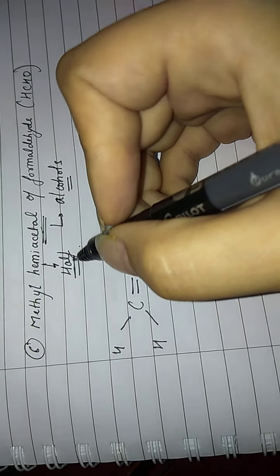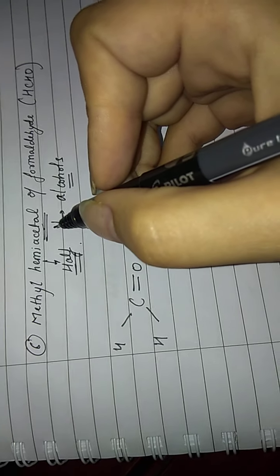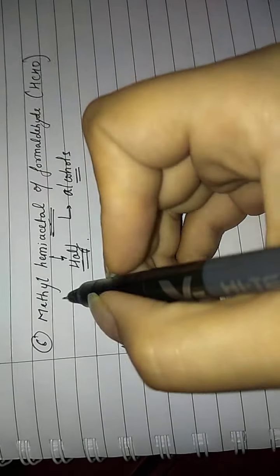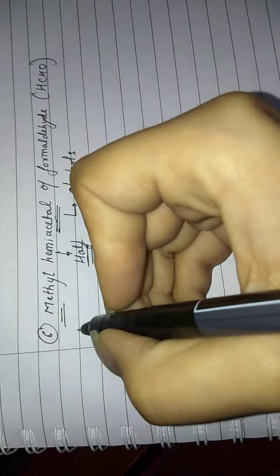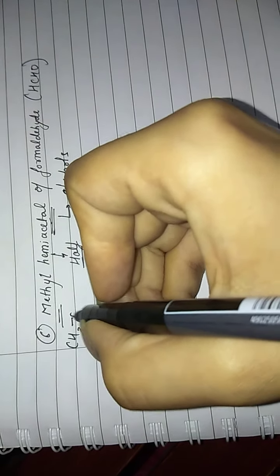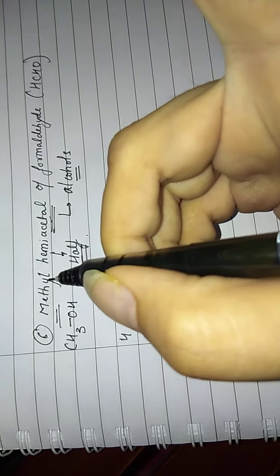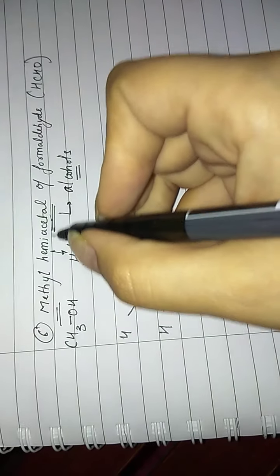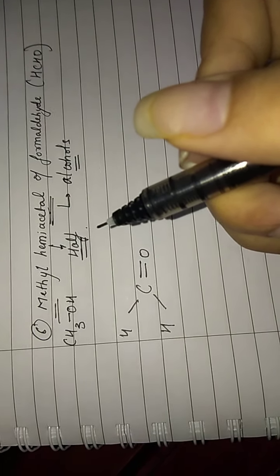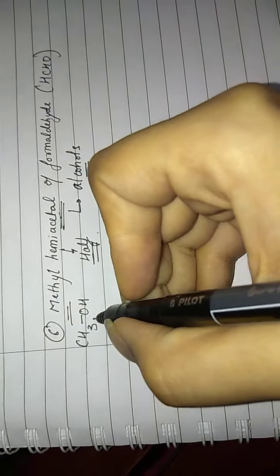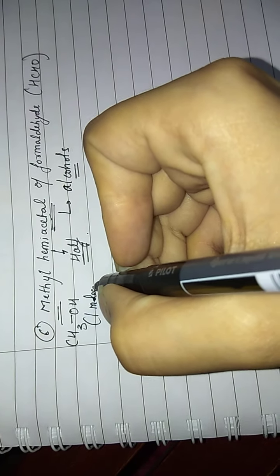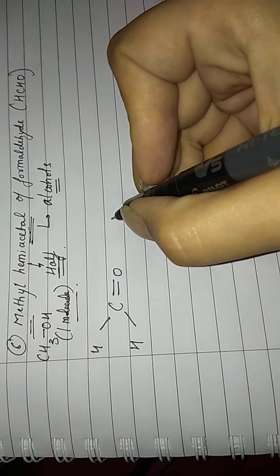So for forming a half acetal, that means a hemiacetal, we will use only one alcohol molecule. Which alcohol molecule will you use? You will decide from here. Methyl, so it will be methanol. How many molecules? One molecule. Why one molecule? Because you have to form a half acetal. For a full acetal, you use two methanol molecules. So for a half acetal, you will use one molecule of methanol. Fine. Okay, let's draw it like this. CH3OH.